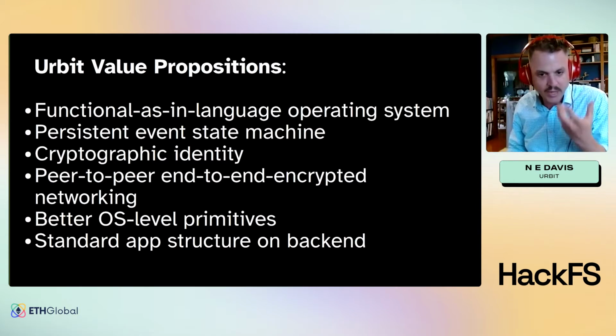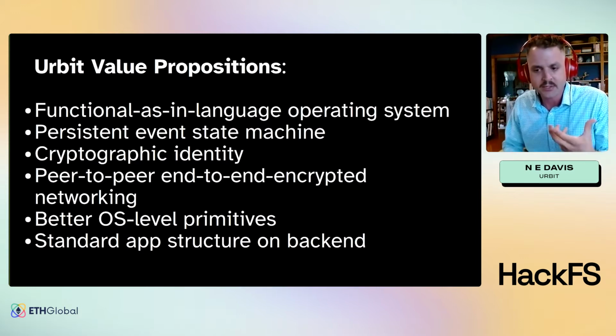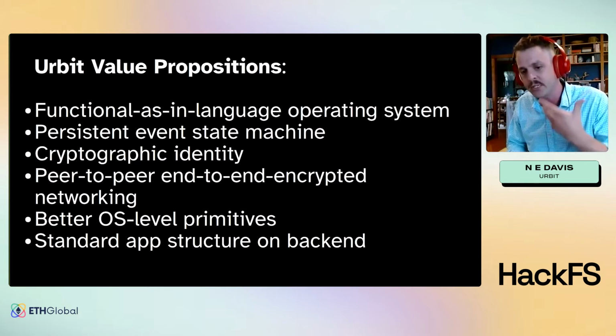Once you have that, it is an identity that you can attest cryptographically that you own and you can interact with. This gives you true peer-to-peer decentralization, and it gives you end-to-end encrypted networking and the ability to build apps on top of these OS level primitives.